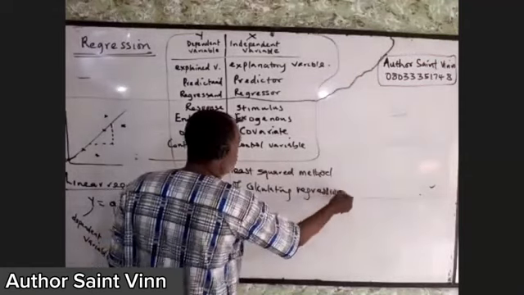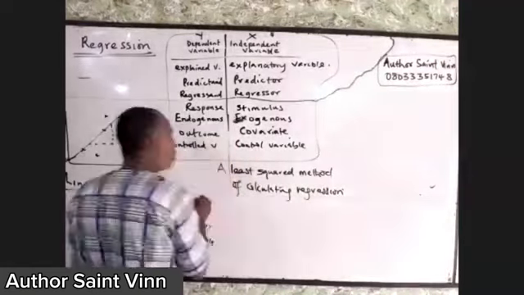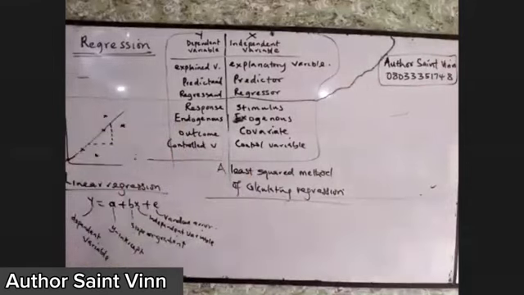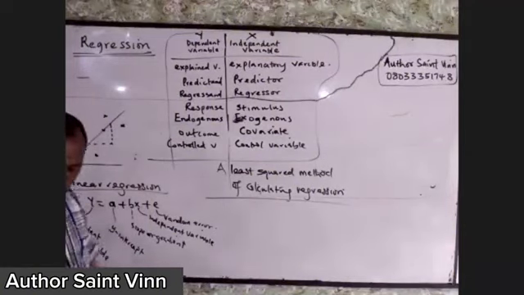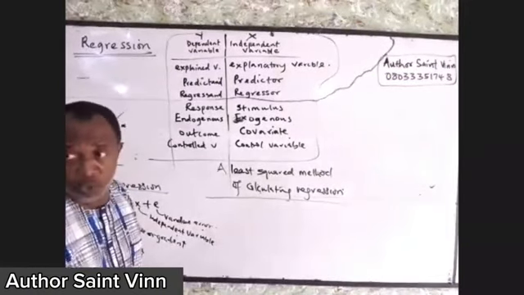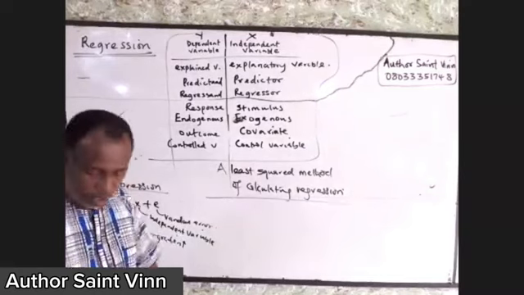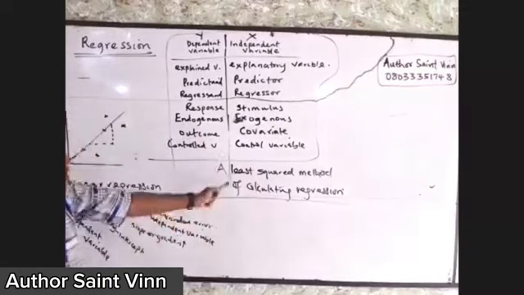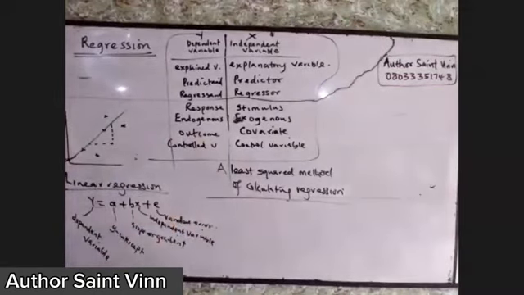So this method we use is the least square method. There are two methods: the scatter diagram, correlation, and the second one is to use least squares, which is a function.